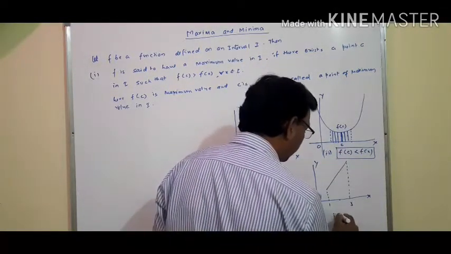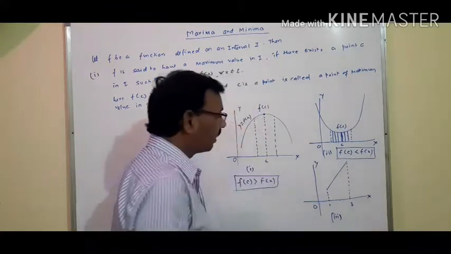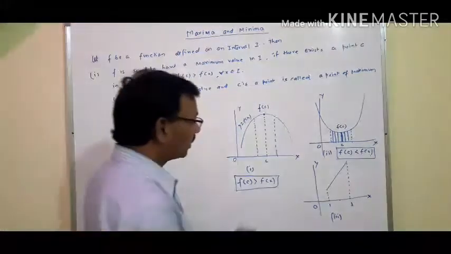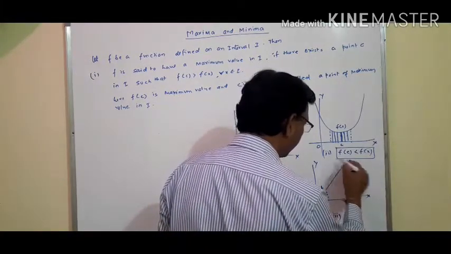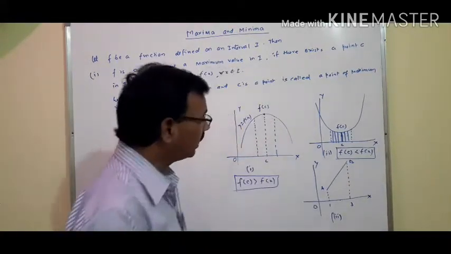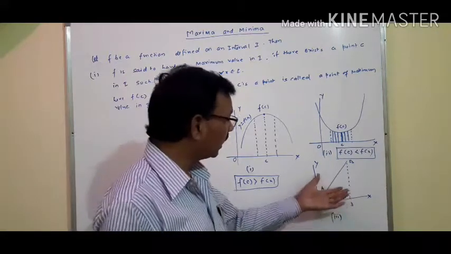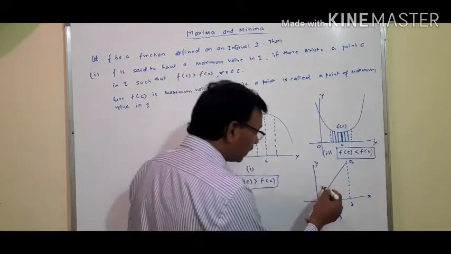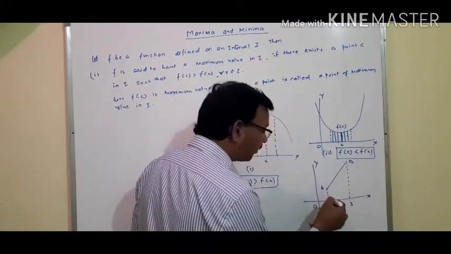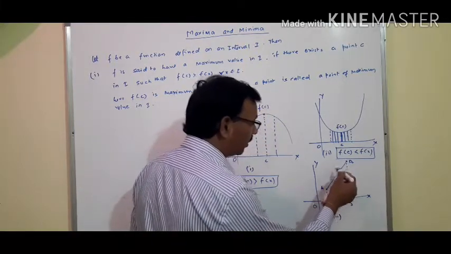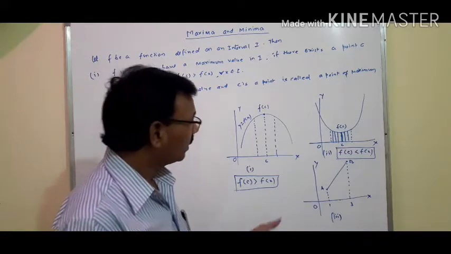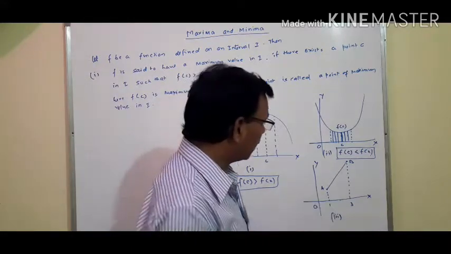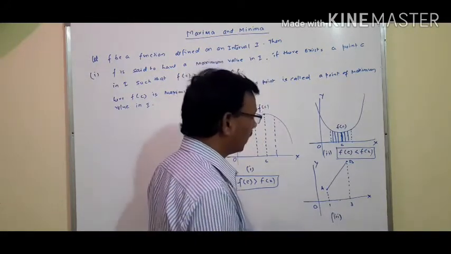Now you see the third type of graph. Suppose this is A and this is B. In this graph you can see only a minimum value here and a maximum value here; there is no other type of value.